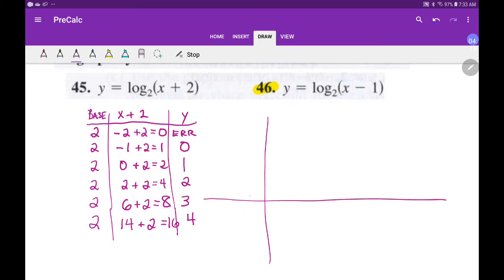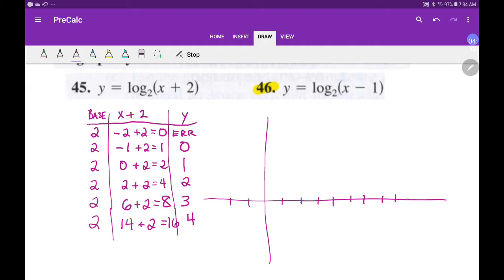Here's my graph. Something was funny about negative 2. So there's something going on there. Here's negative 1, 0, 1, 2. This is not going to work out very well for me, is it? 4, 5, 6, 7, 8. I'm having to cheat a little bit. Maybe I'll stop at 8.